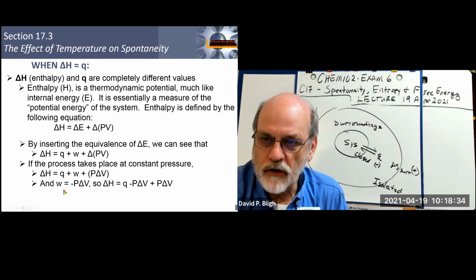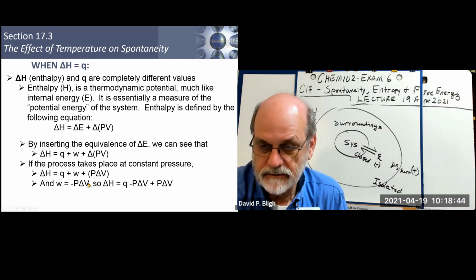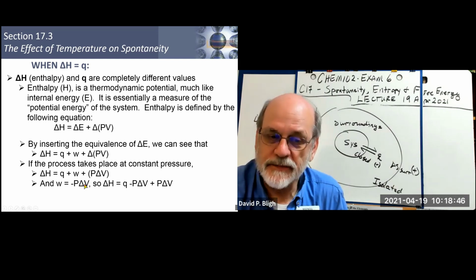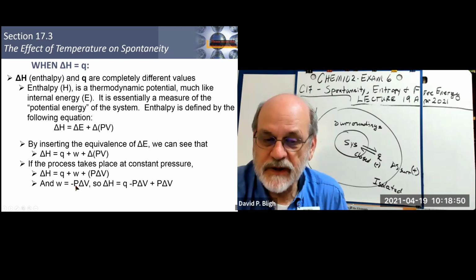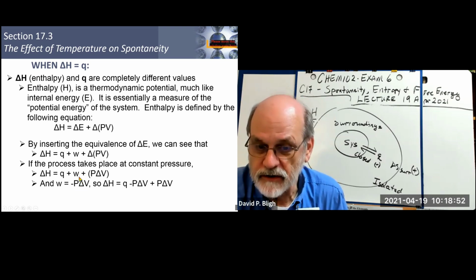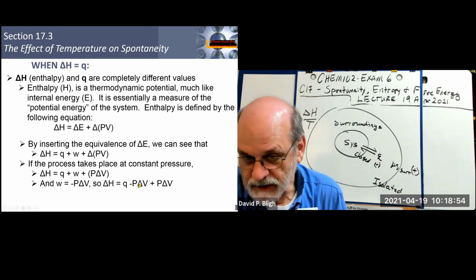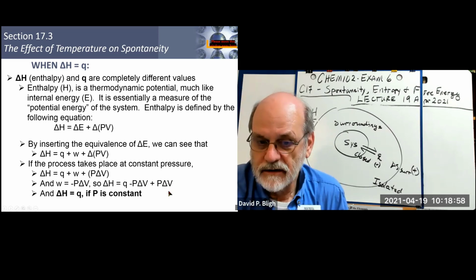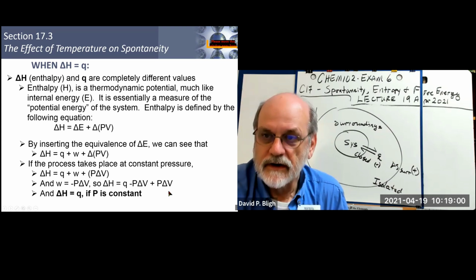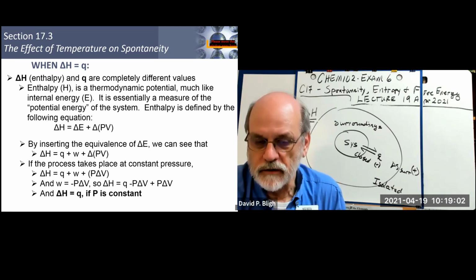We know also from thermochemistry, and we derived, work is equal to the negative of pressure times a change in volume. So if we substitute minus P delta V in for W, we get this expression, minus P delta V plus P delta V. They cancel. So under those conditions, delta H is equal to Q.